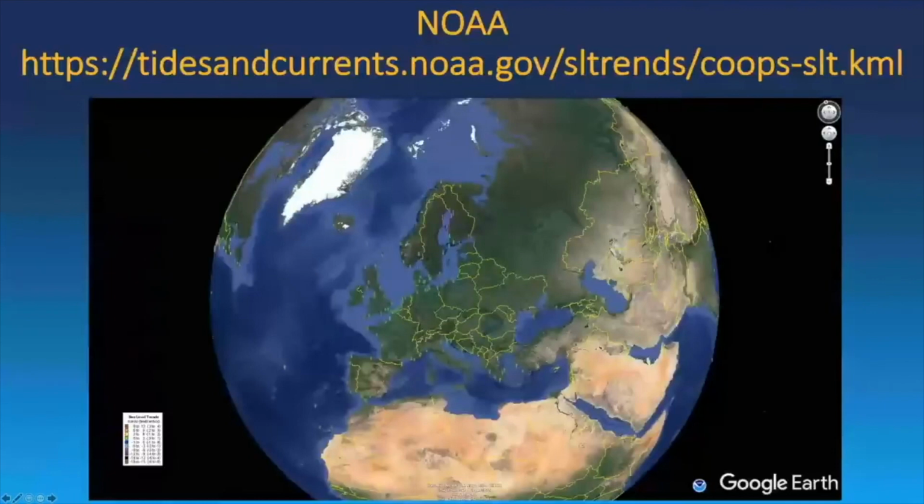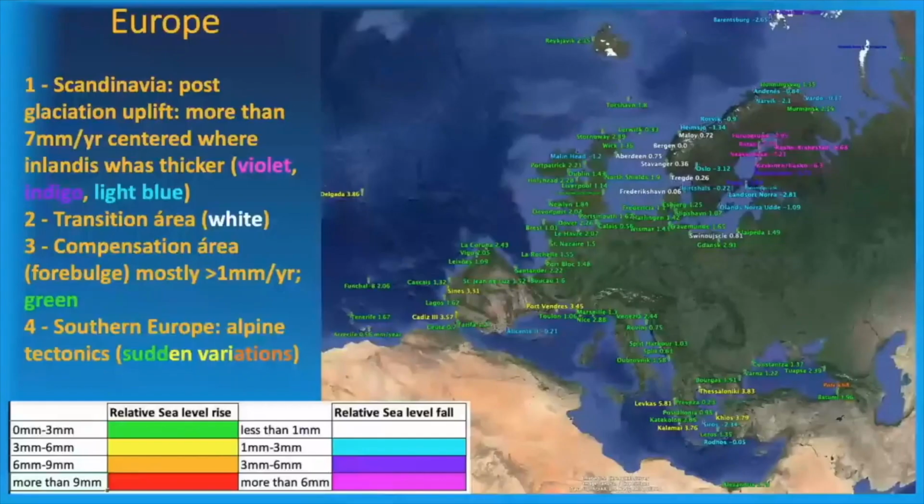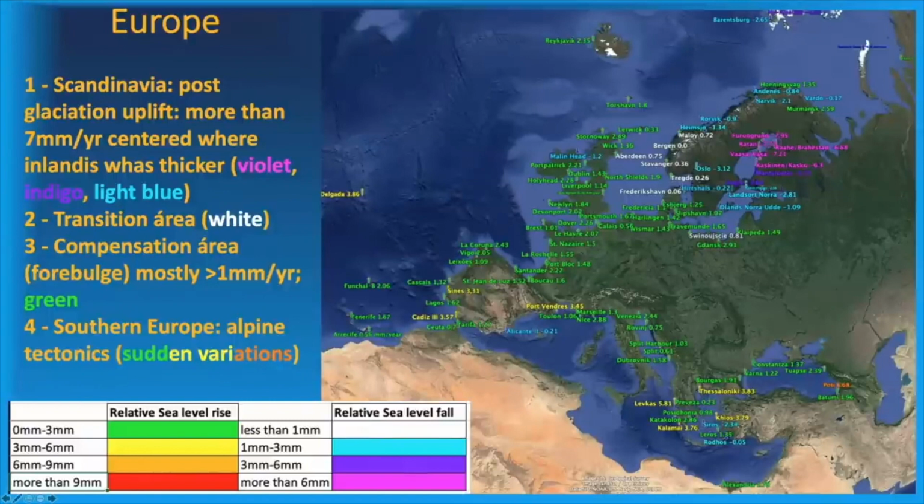Another view of the same thing. And what I did was to edit the KML file in order to simplify the names and to put a bigger font so you can see not only the names but also the trends of each tide gauge.